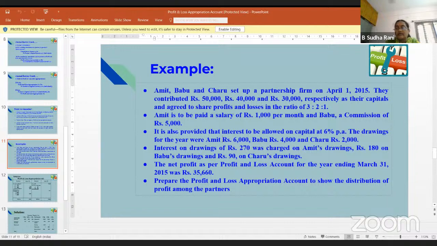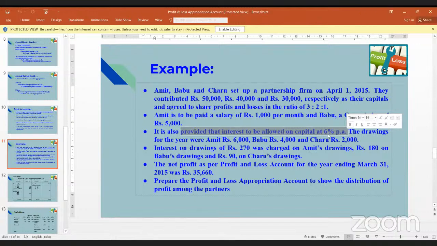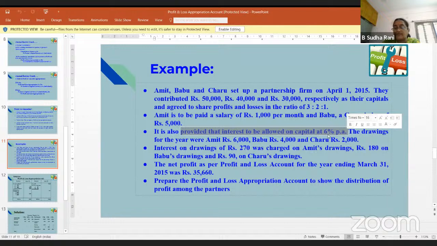Partner capitals information is given in the question or not? The question is visible to you. 6% is given. What is Amit's capital? 50,000. Very good. 6% is the rate of interest on capital.